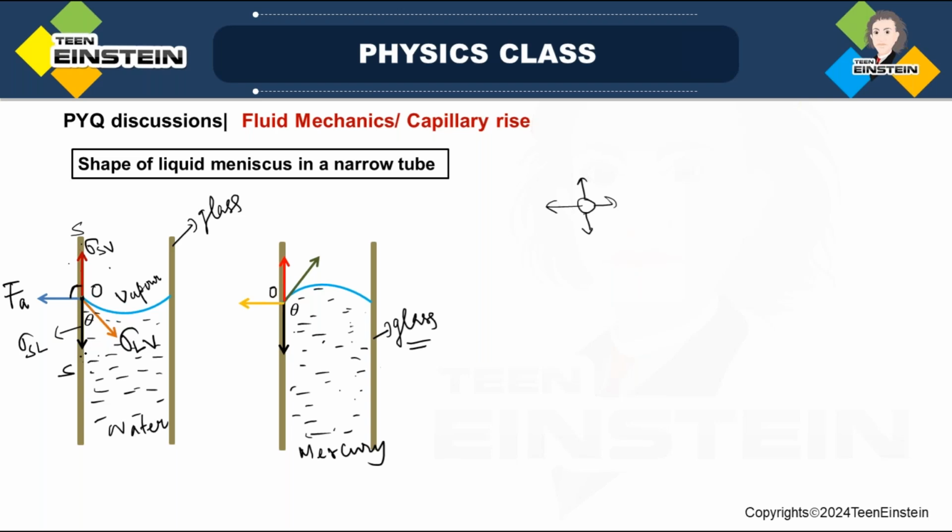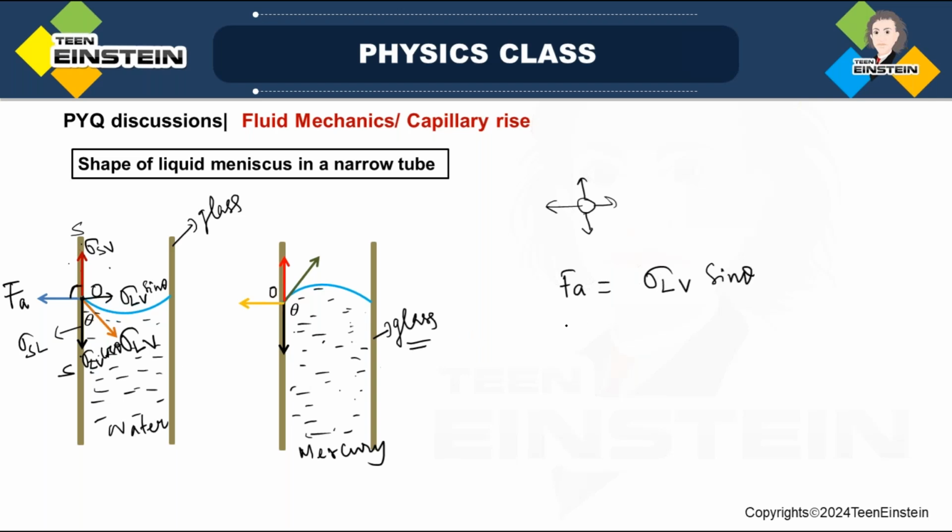One is along this way, sigma LV cos theta, and another one is along this direction, sigma LV sin theta. So at equilibrium, this Fa, the adhesive force, will be exactly balancing this sigma LV sin theta.